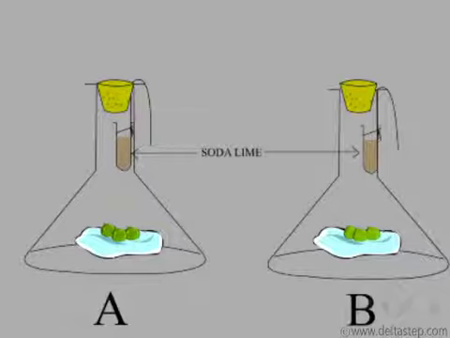Now the seeds in A will respire, but the seeds in Petri plate B will not respire because they are heat killed. If oxygen is taken up from the air during respiration, then the air pressure in flask A should decrease. For testing this, we connect these two flasks through these pipes to a beaker containing water.